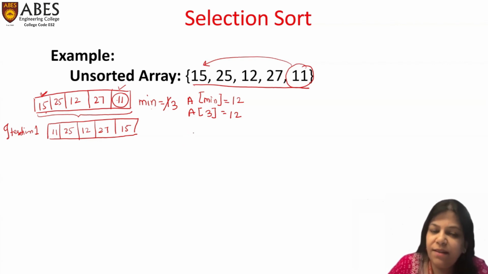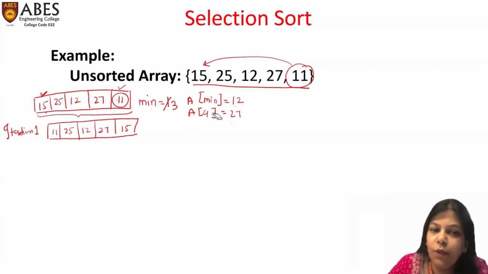Again, we have to compare this A minimum with the next element. The next element will be A4, and the value of A4 is 27. Now again, A minimum is less than A4, so nothing will be changed.